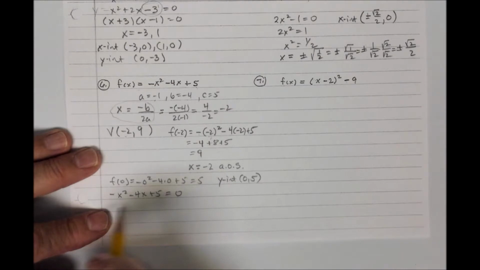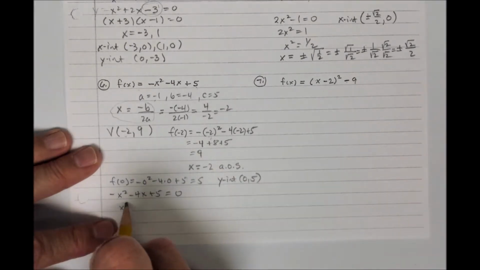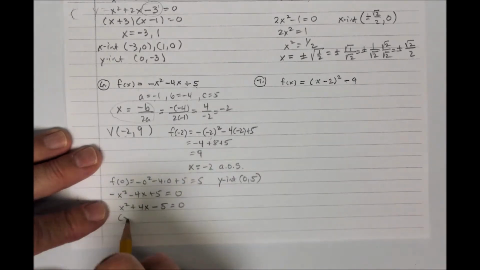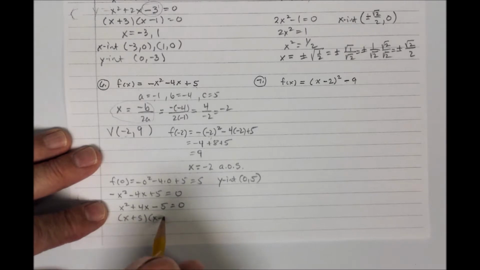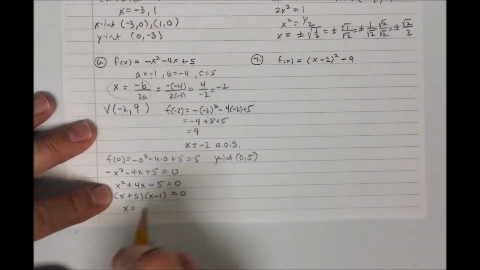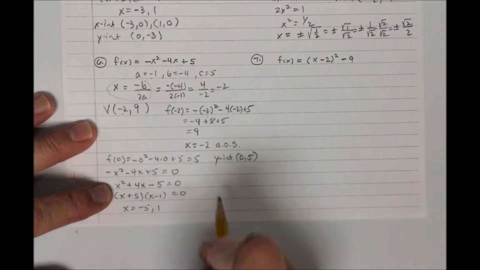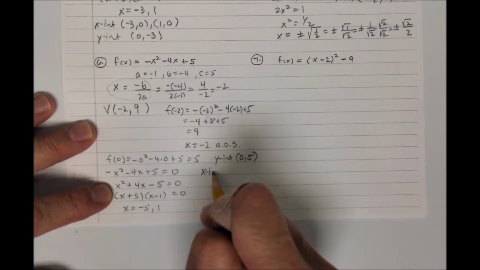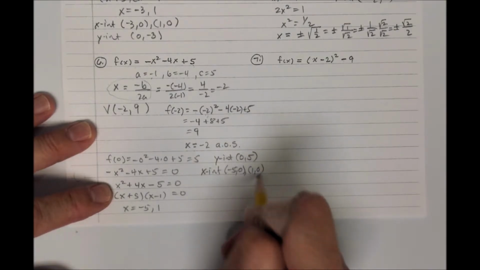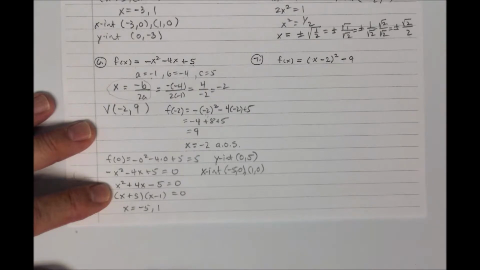I'm going to probably multiply through by negative 1 because I don't really like the way it's written with a negative in front of the x squared. All the signs change. And then this becomes x plus 5, x minus 1. So I get x equals, I'm running out of space, so I'm just going to write it down here. I get x equals negative 5 and positive 1. So my x-intercepts are negative 5, 0, and 1, 0. Okay, in case they ask for the intercepts.